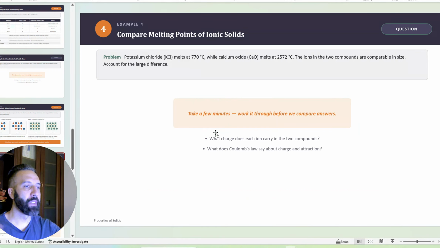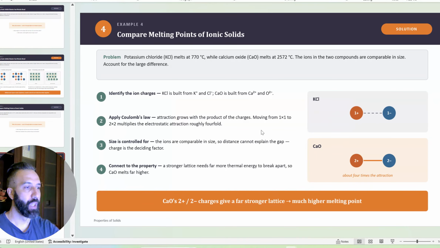Potassium chloride melts at 770. CaO melts at 2572. Why? So if you check the electronegativity table, you will see that we've got here two ionic compounds. However, CaO is made out of Ca2+ ion and O2- ion, right?